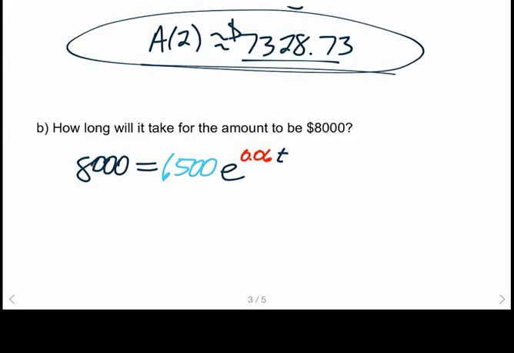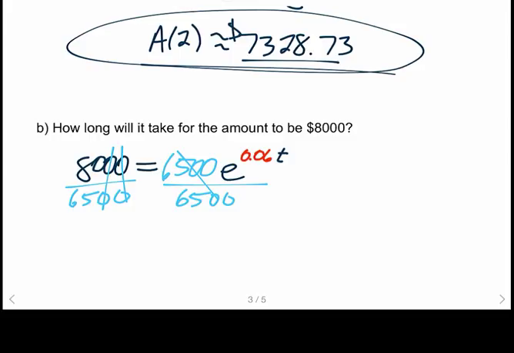I bet you know what we're going to do. We're going to first solve for the exponential factor, and then we're going to use logs to solve for t. So we're first going to divide both sides by 6,500. Now this is going to my calculator, so I don't need to reduce completely, but look, why do I need to type in zeros if I don't need to?